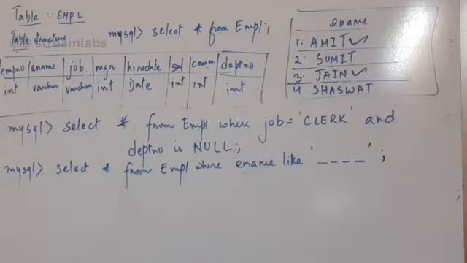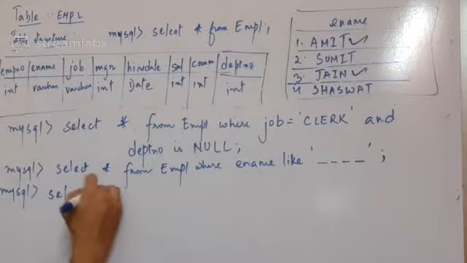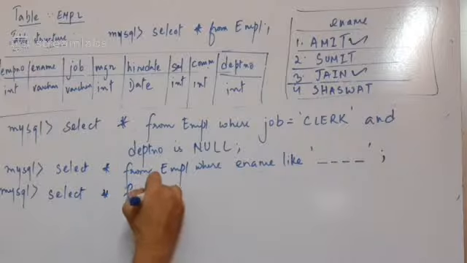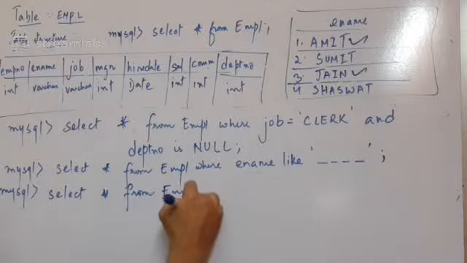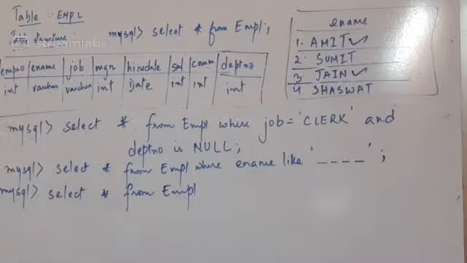In the MySQL prompt, first you can select asterisk from your table name, which will be EMPL. And you need to do one more thing.